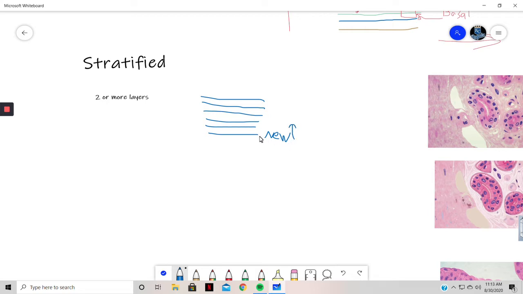And as they go up through the various layers, they develop, take more of their shape, and then of course when they get up here, this is where they die and fluff off as skin cells. The old cells flake off, die, dry out, that kind of stuff.